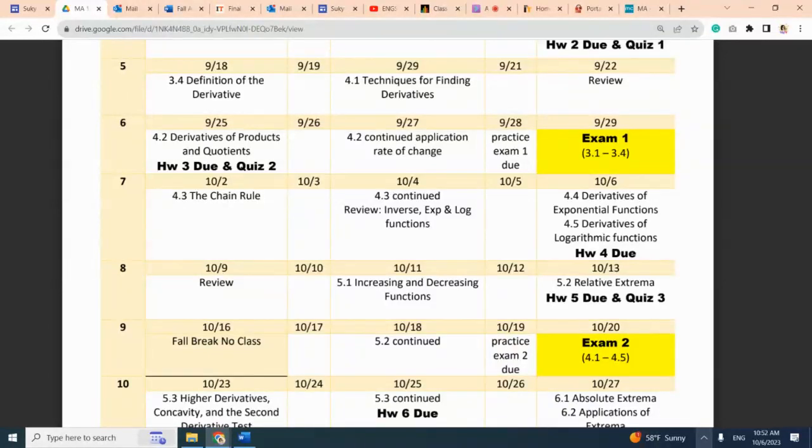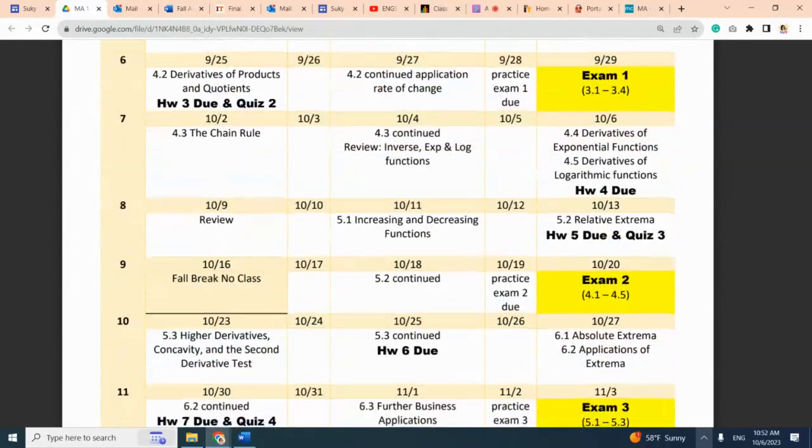We probably need to move down, postpone it. Yes, I will see. Probably move the quiz and then probably move the exam as well. So we'll talk about that next week.